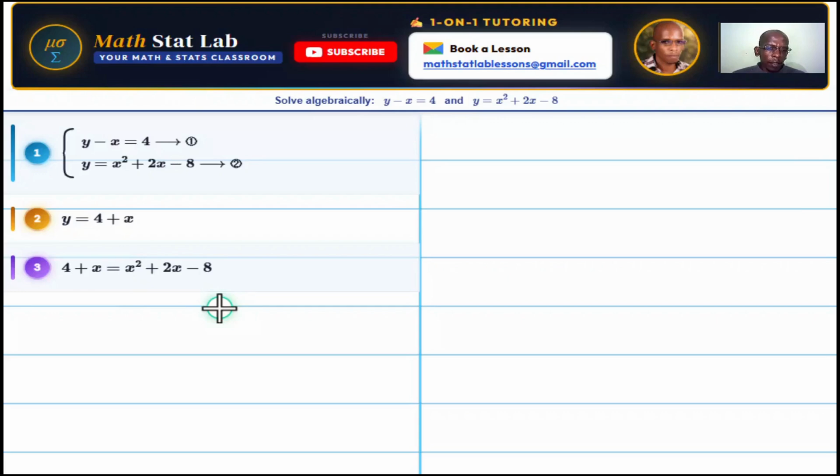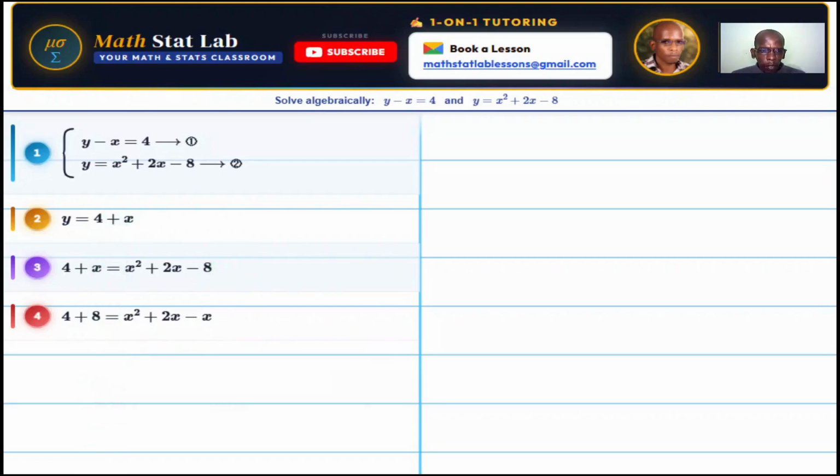Then from there, it becomes simple to simplify because I first of all just need to collect the like terms together. To do so, I move the constants to the left side of the equal sign. So it becomes 4. I move this 8 to this side, and because 8 was negative on this side, it will be positive.